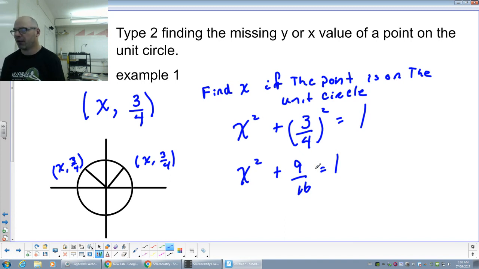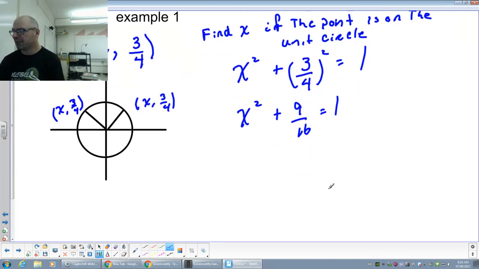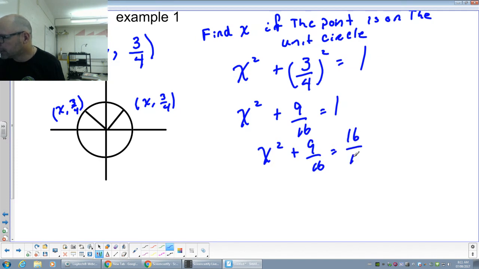Now, this is where people get mixed up on fractions. We just have to subtract 9 over 16. 1 is the same thing as 16 over 16. So we can write this as x squared plus 9 over 16 equals 16 over 16.